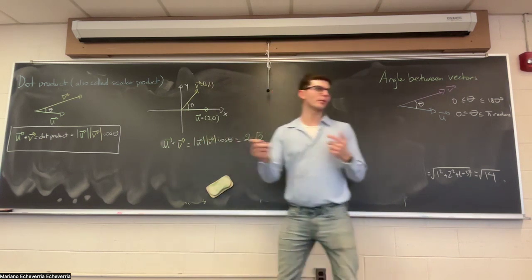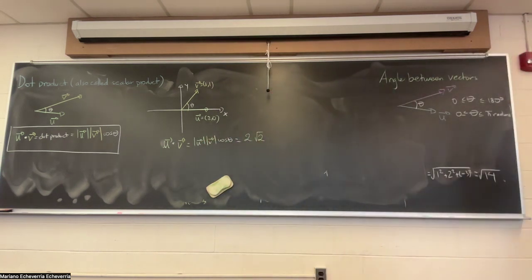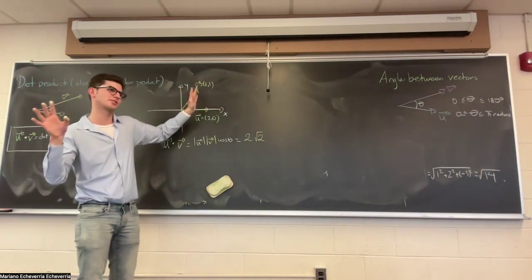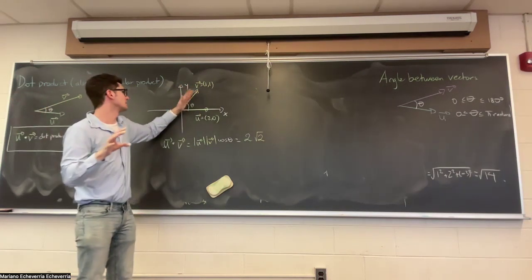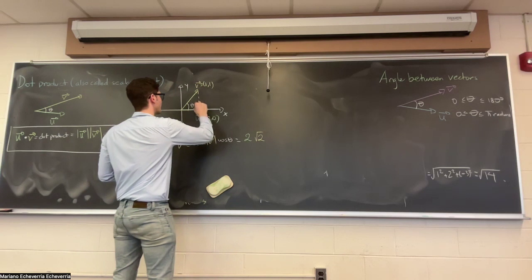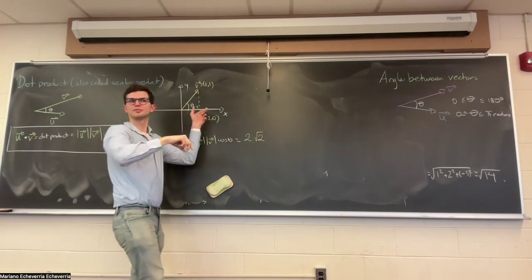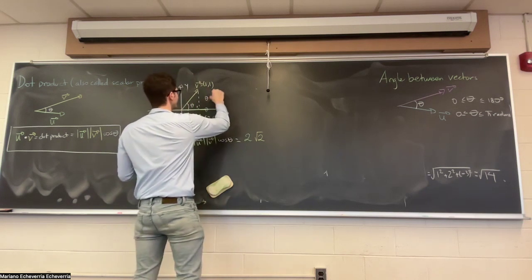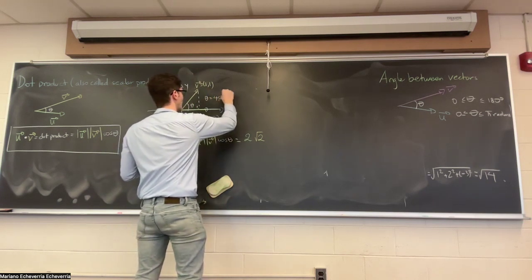And what's the angle between the two? The angle between v and u is the same as the angle between v and the x-axis. I chose it so that it would be easy to see. So this is like an isosceles triangle, if you think about it, and the angle should just be 45 degrees. So theta is 45 degrees or pi over 4, right?